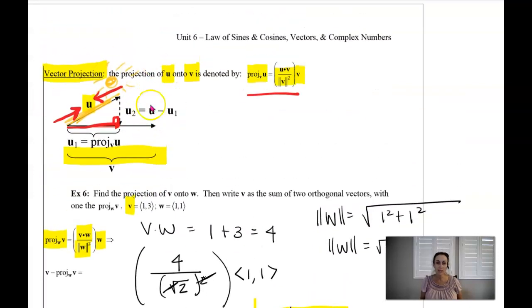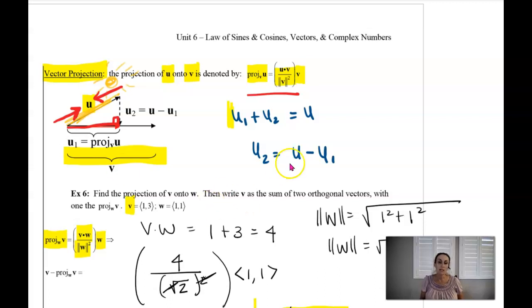If you look up here, you can see that U1 plus U2 is going to give me the resultant vector U. So if I wrote U1 plus U2 is equal to vector U, then U2, which is this perpendicular vector, is going to equal U subtract U1.